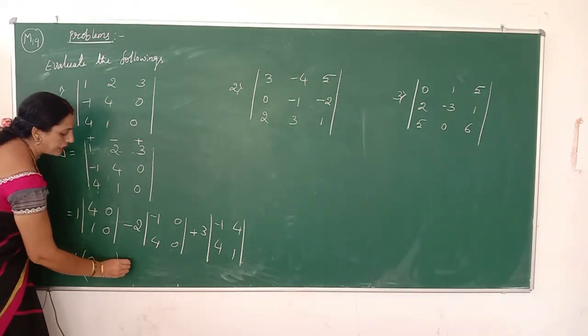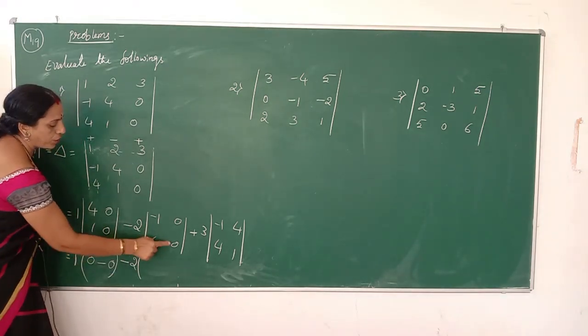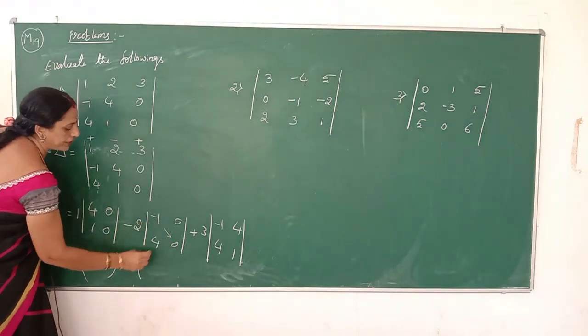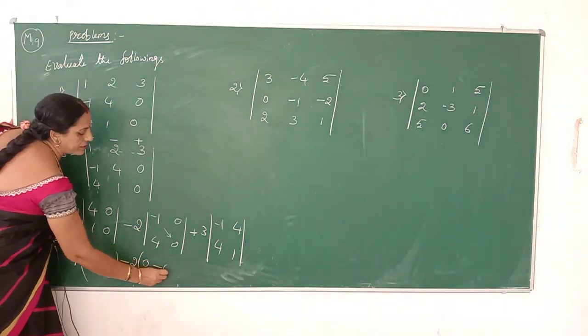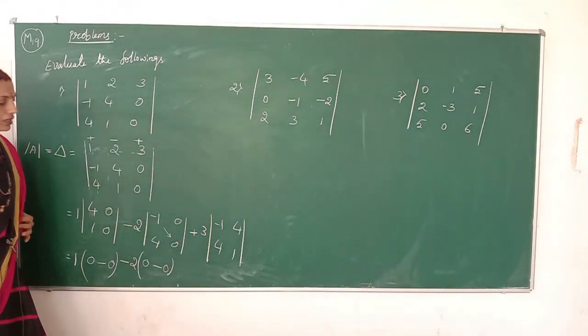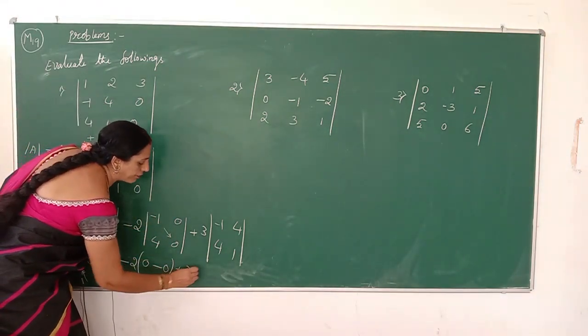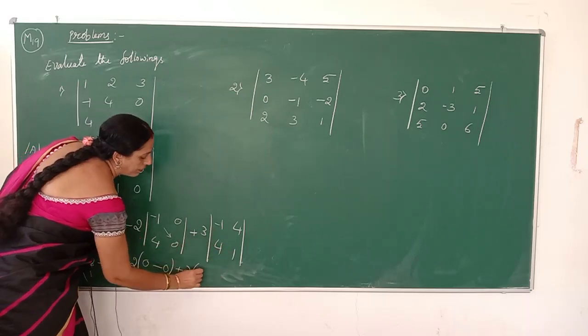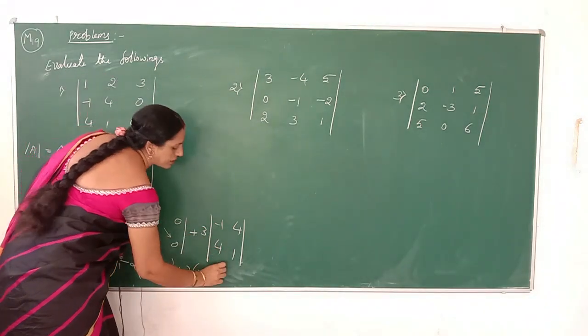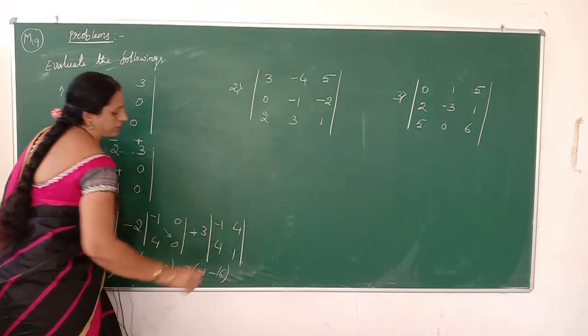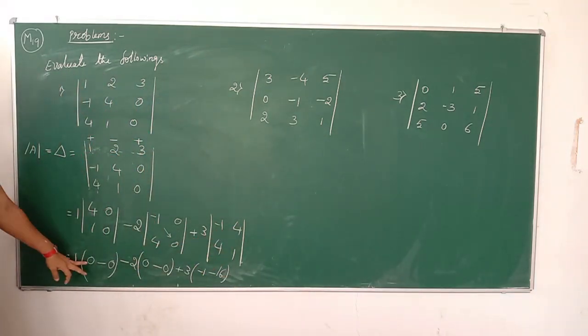Similarly, the next is -2: the left diagonal is -1 into 0, which is 0, minus the right diagonal, also 0. Then the third, plus 3: the left diagonal is -1 minus the right diagonal 16, since 4 fours are 16.